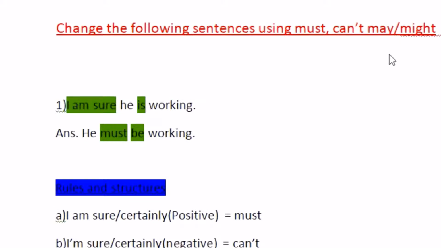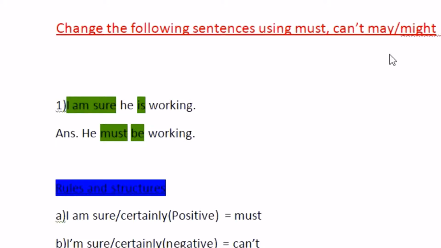Now let's talk about rules and structure. I showed you question number 1 there. Before explaining the question and answer here, let me tell you some rules of using must, can't, may and might.